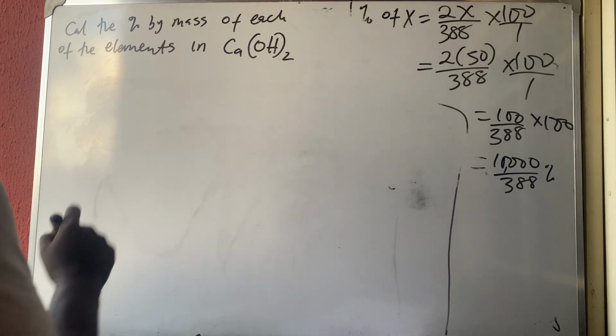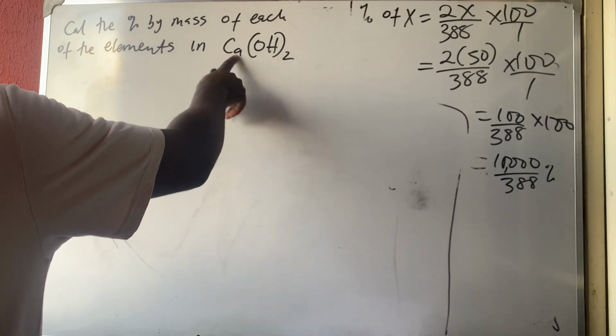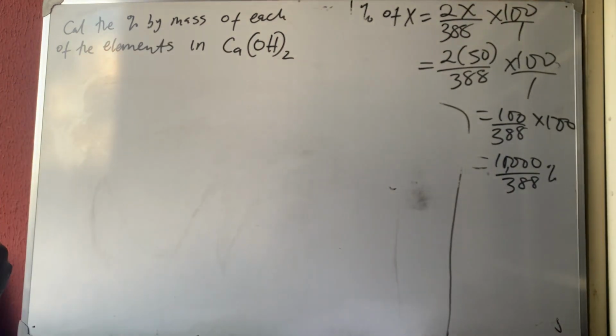So each of them, I need the percentage by mass of calcium, percentage by mass of oxygen, and percentage by mass of hydrogen.